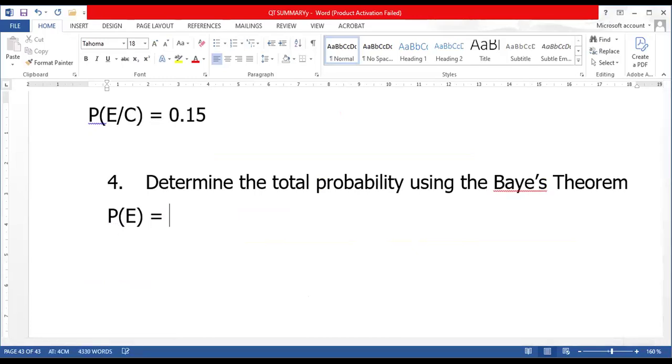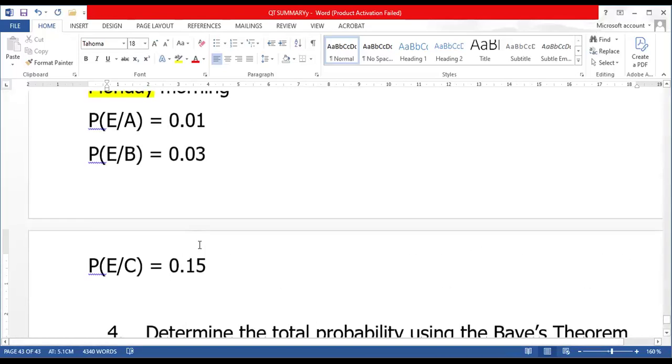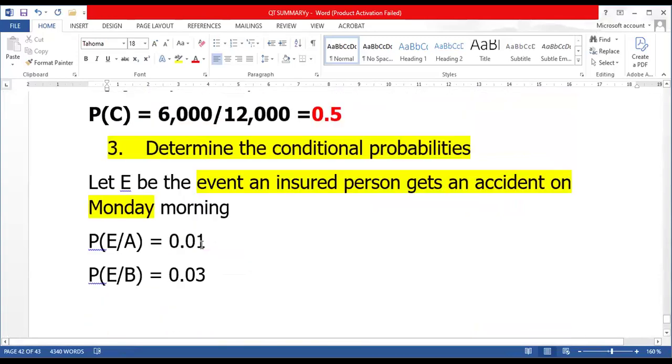simply always record this formula. We are going to combine, because the probability that an insured person gets an accident, we have different persons.